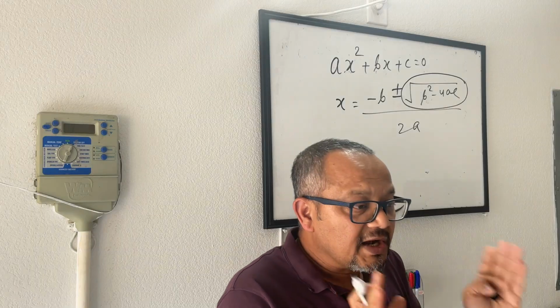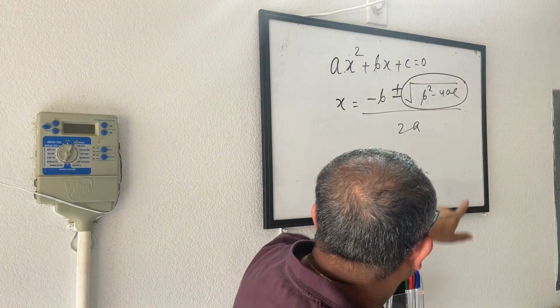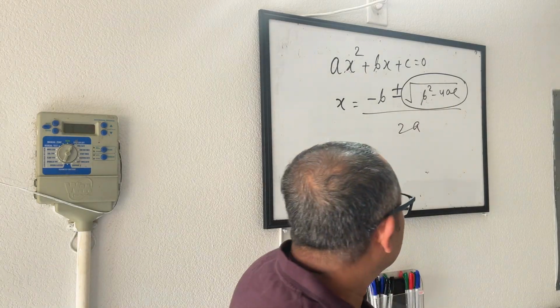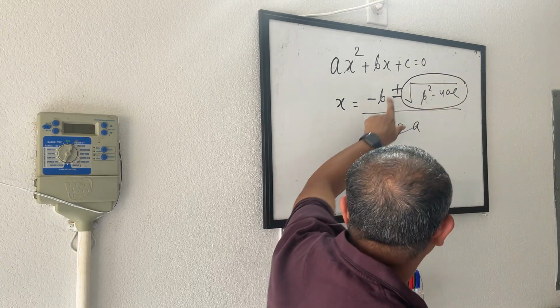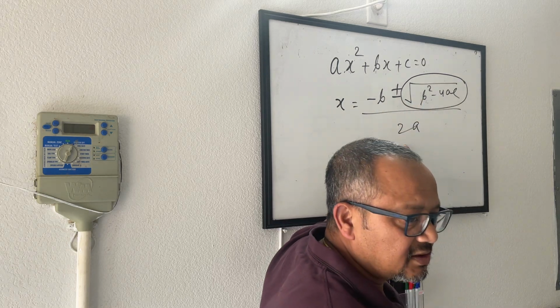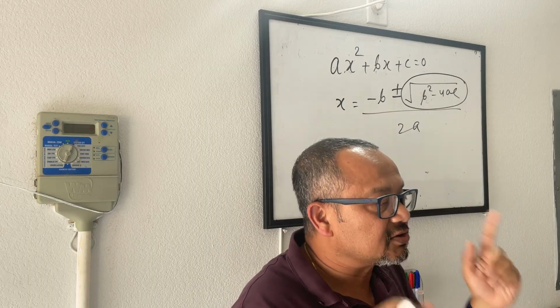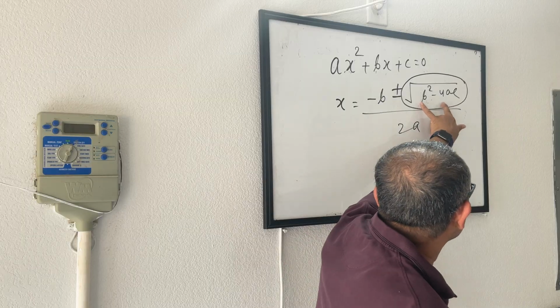Now, when you look at it with a very simplistic approach, you will say, okay, fine. If this value becomes 0, what happens? If this value is 0, that means I'm talking about minus b plus minus 0 by 2a. So we are talking about only one solution. There could be a quadratic equation where, when you solve it, you will get only one solution. This guy is telling you that.